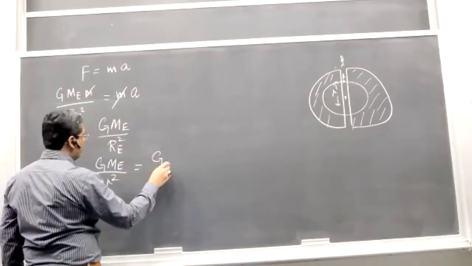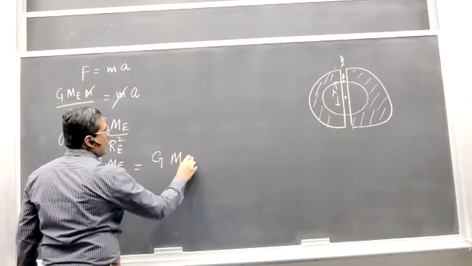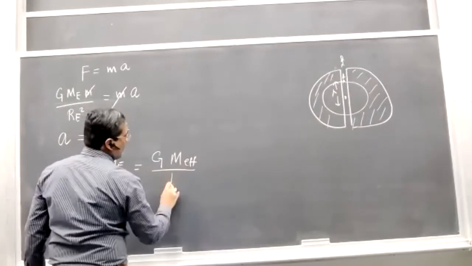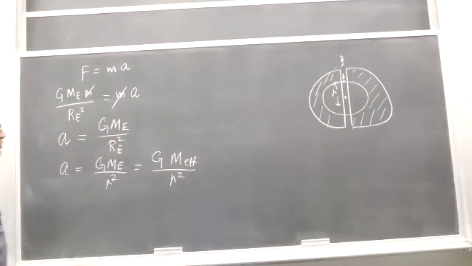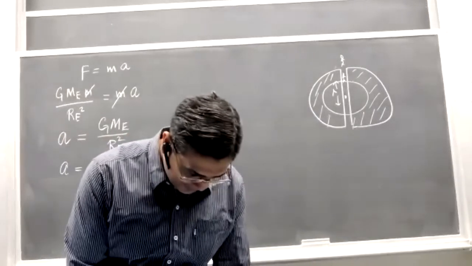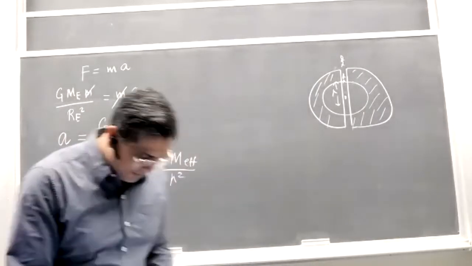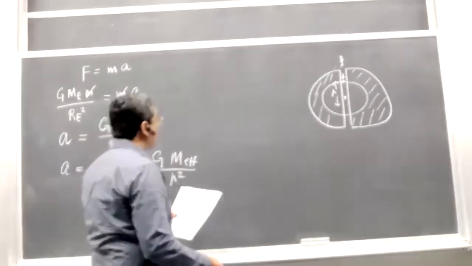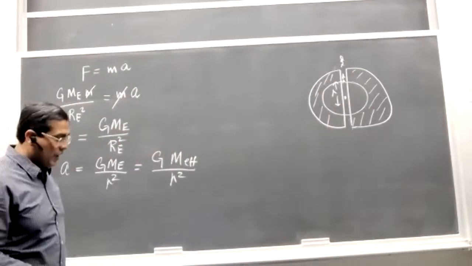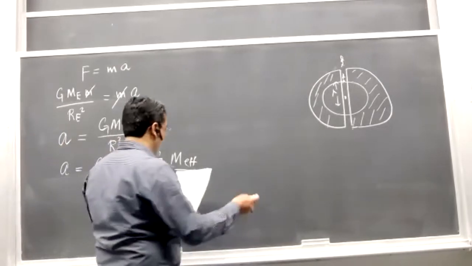So G M effective over r squared. So how do we calculate M effective? That's not very difficult. So this is how we calculate M effective. Let's say first, let's calculate the density. Let's say the Earth is a sphere of uniform density, an assumption.